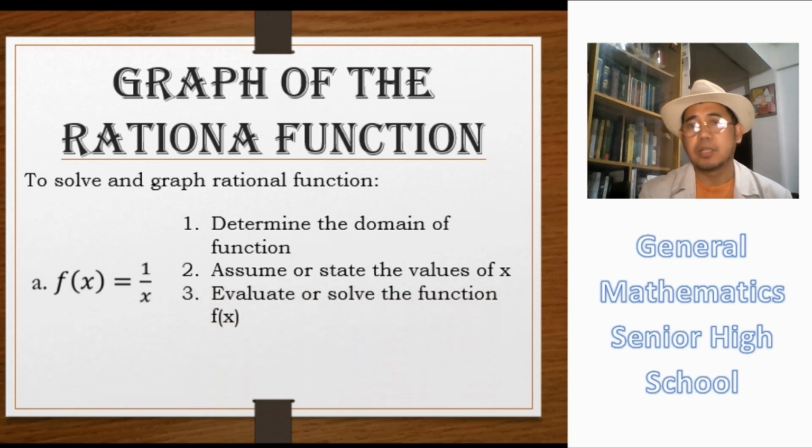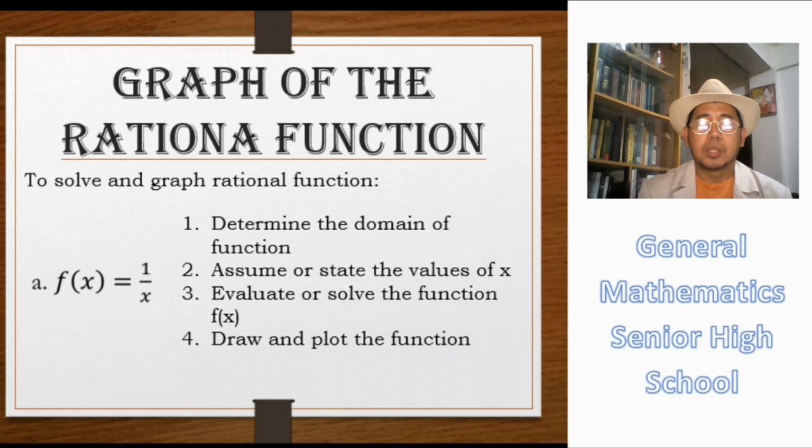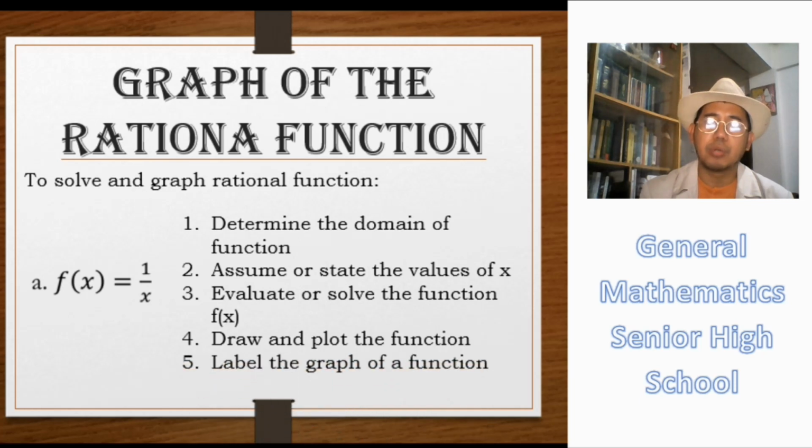After having the different values of x, that's the time we're going to evaluate the function. And after evaluating the function, we're going to place them in a table and plot them. We're going to draw and plot the function. After plotting the function, we will label the graph of the function.